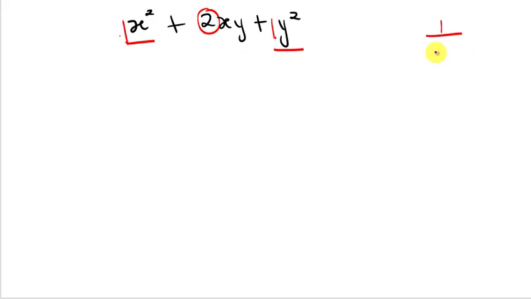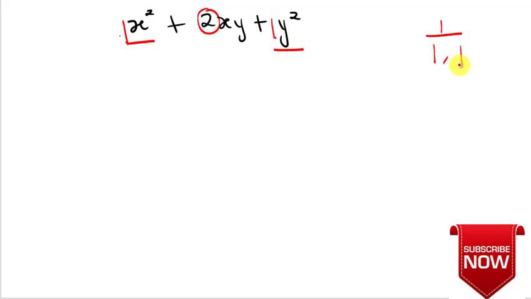In this case, we know that 1 and 1 will be the perfect numbers, because 1 times 1 is going to give us 1, but 1 plus 1 is going to give us 2. So we are going to use this 1 and this 1.